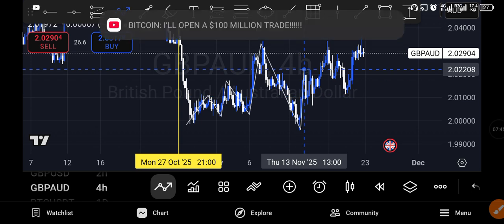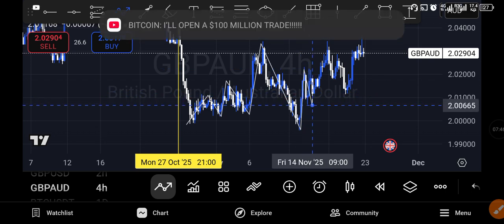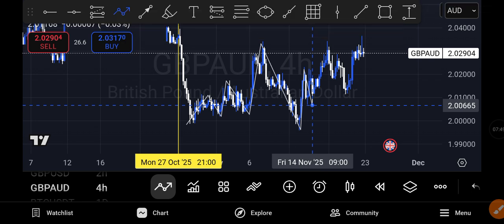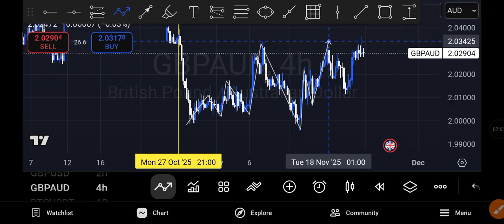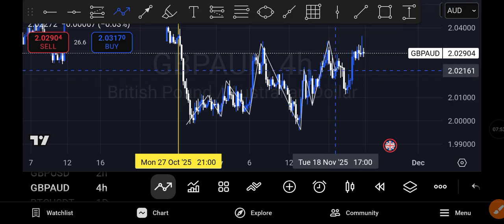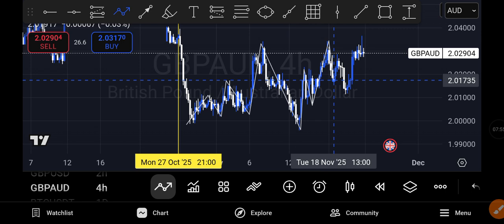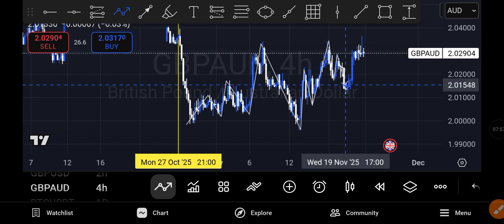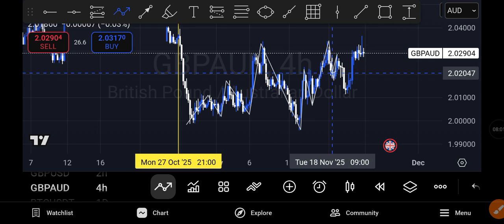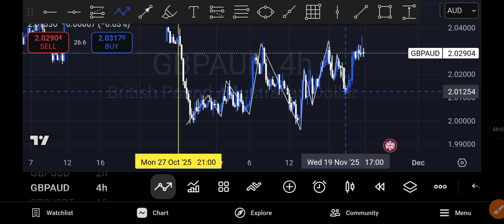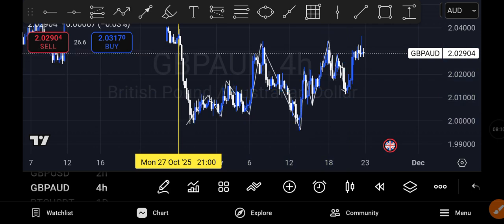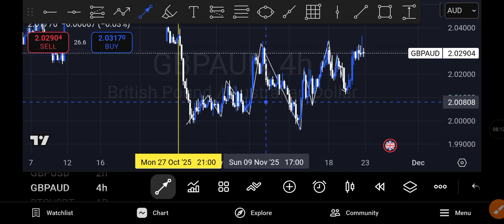Now gave us this high, low, a higher high, higher low, higher high, sorry, lower high. Now it finally took out this high, gave us a lower low. But excuse me, what happened here?